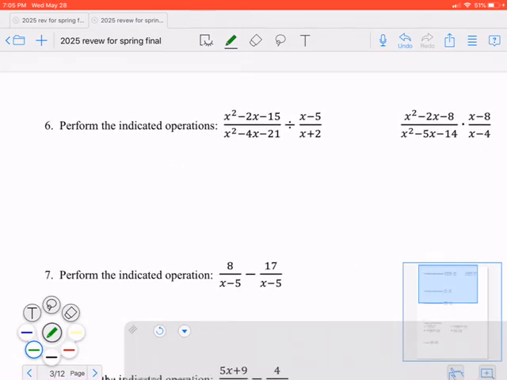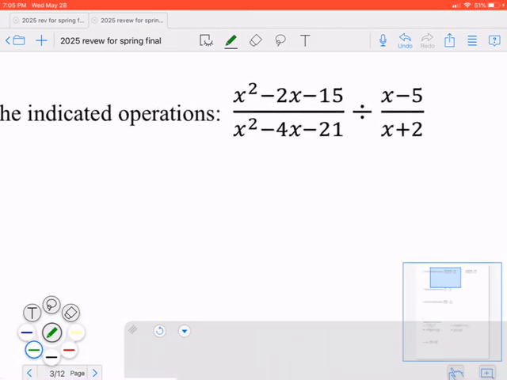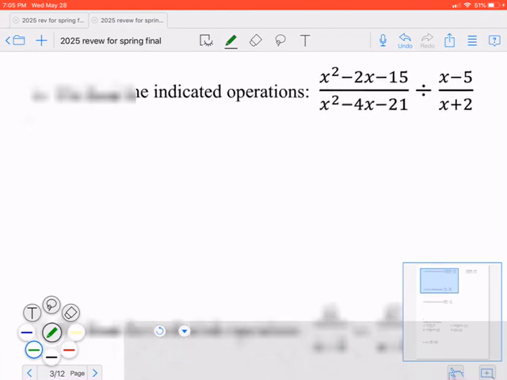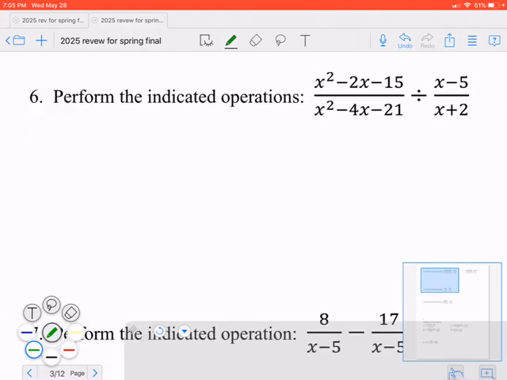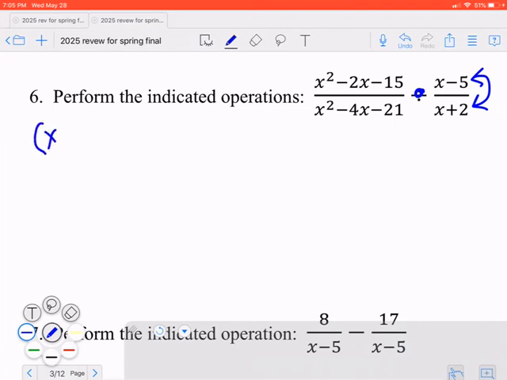All right, division. Dividing fractions is multiplying by the reciprocal. So x squared minus 2x minus 15, we're going to factor that. That would be x minus 5, x plus 3, negative 5 and 3.